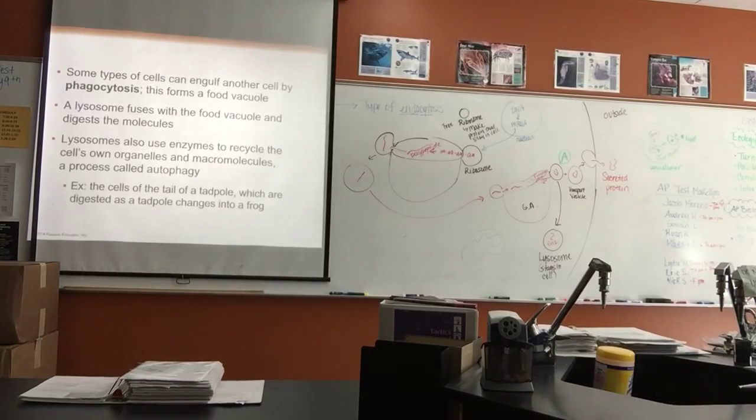Some types of cells can engulf another cell by what we call phagocytosis, and this forms a food vacuole. A lysosome fuses with the food vacuole and digests the molecules. They also use enzymes to recycle the cell's own organelles and macromolecules, a process called autophagy.